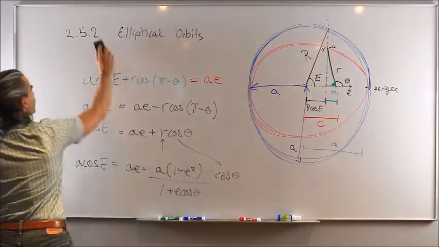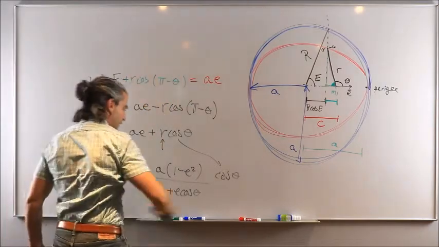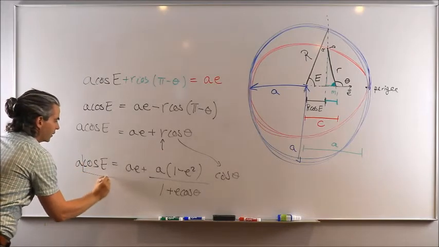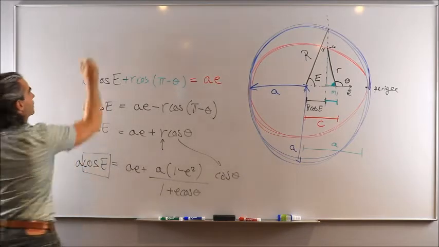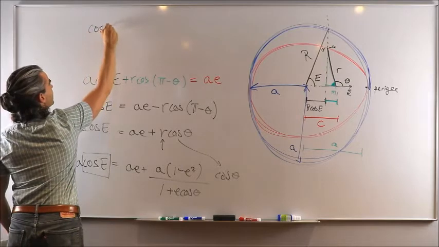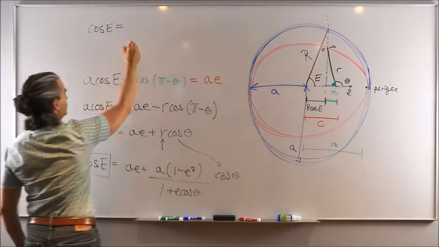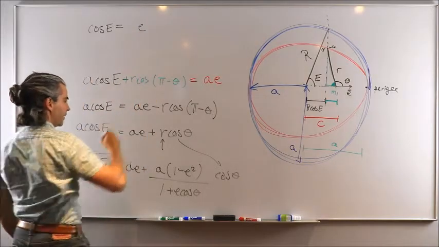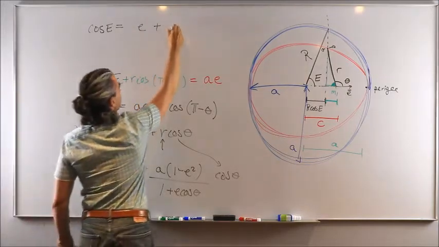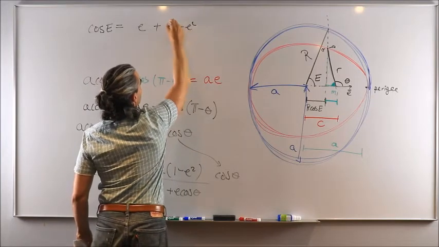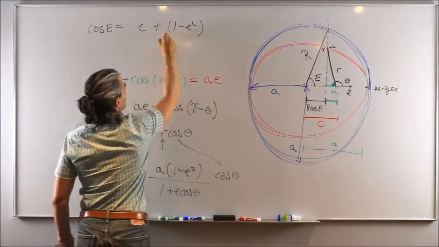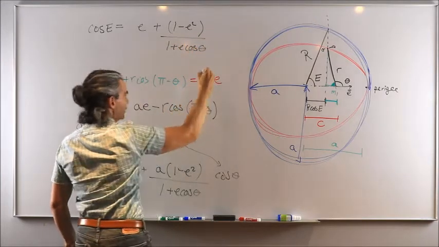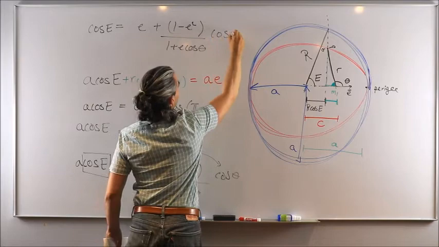So what we'll do next is solve that last relationship for cos of the eccentric anomaly. I'm going to write cos eccentric anomaly equal to AE divided by A, which is just eccentricity, plus (1 minus E squared) over (1 plus E cos theta), times cos theta.